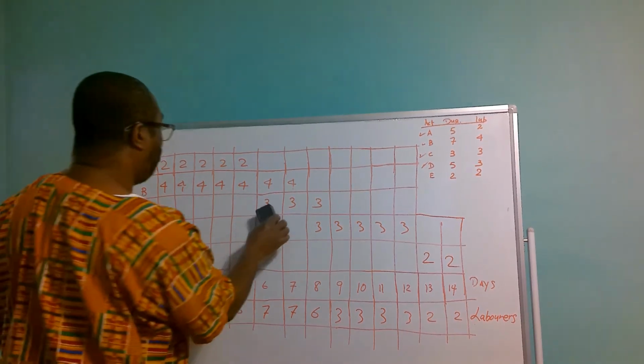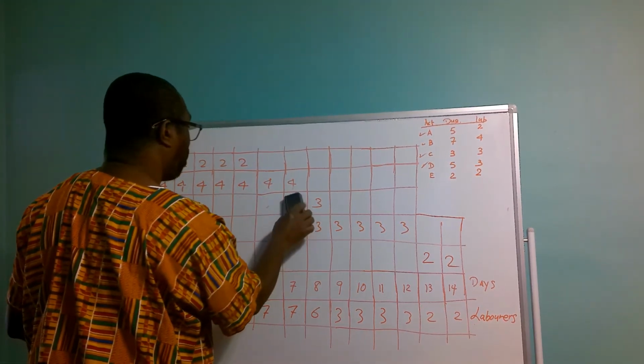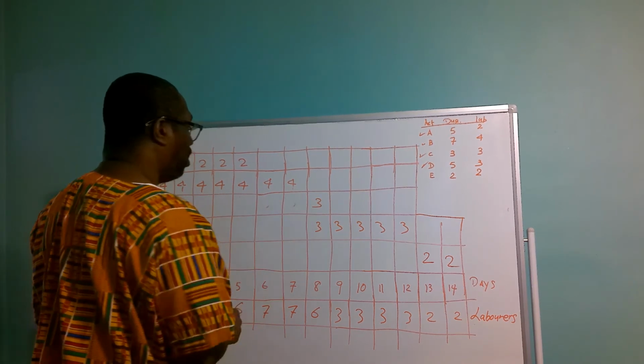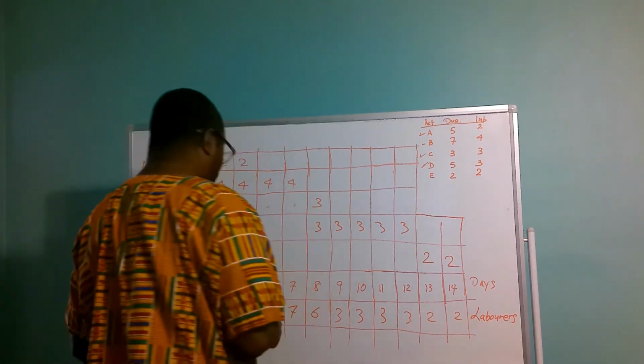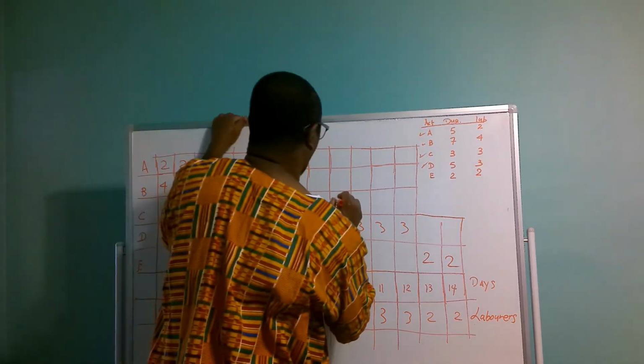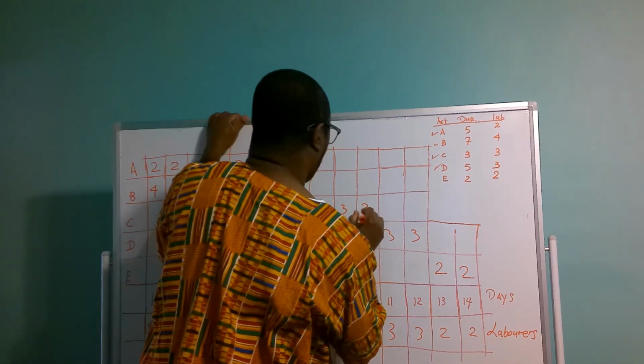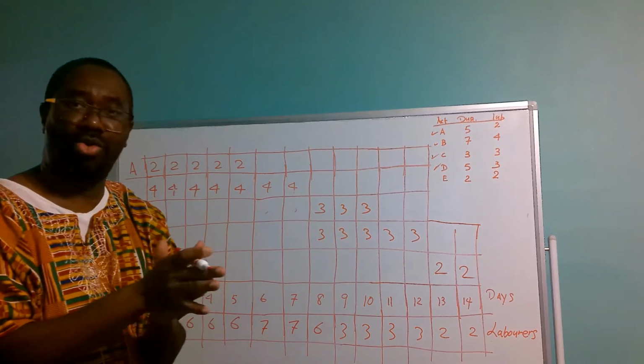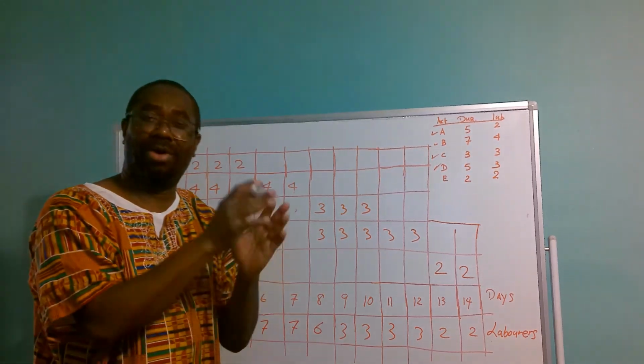So it's going to remove these 2 days of 3 laborers from here and put them right here. So he borrowed 2 floating days from C.